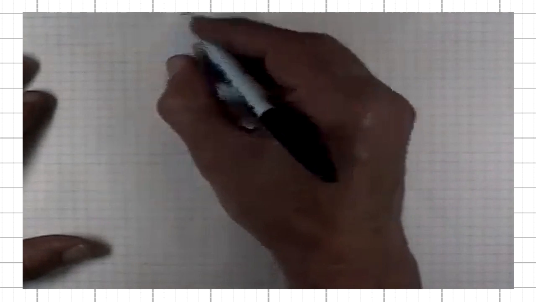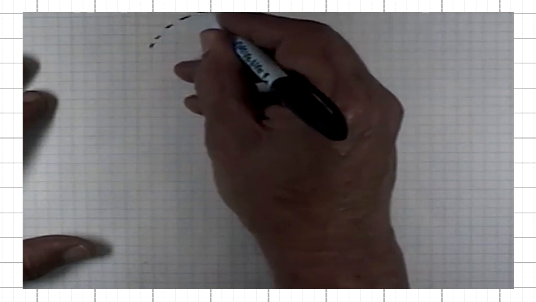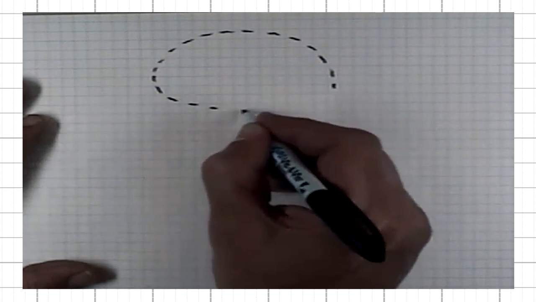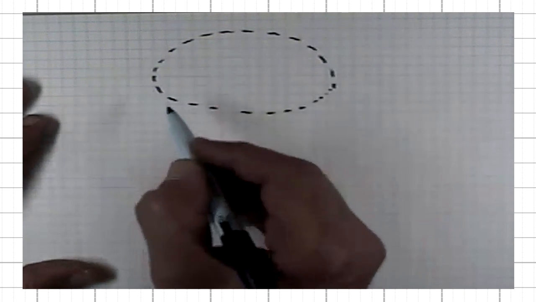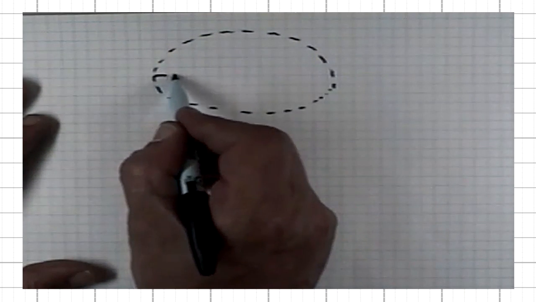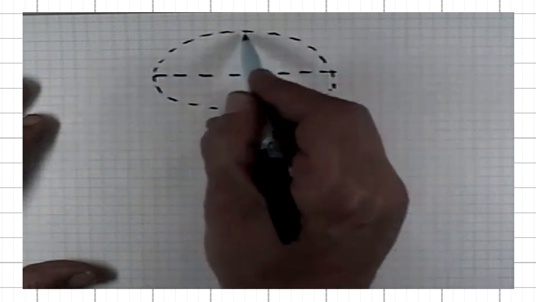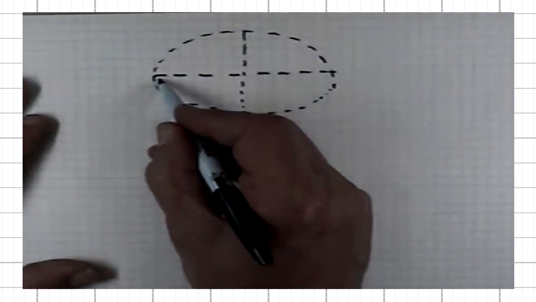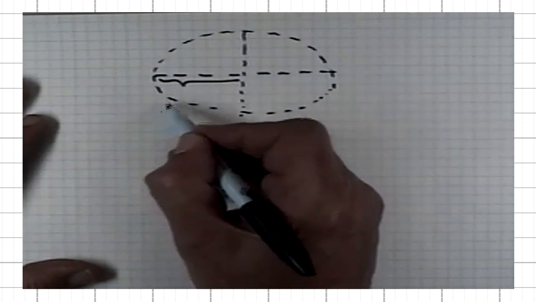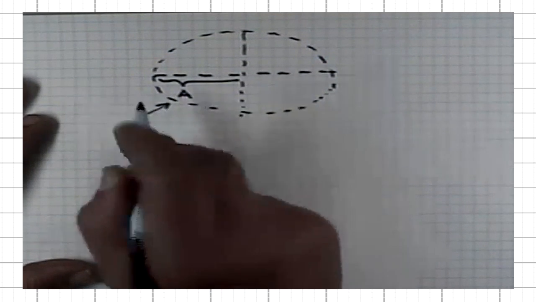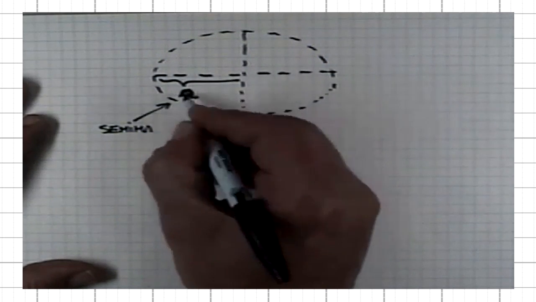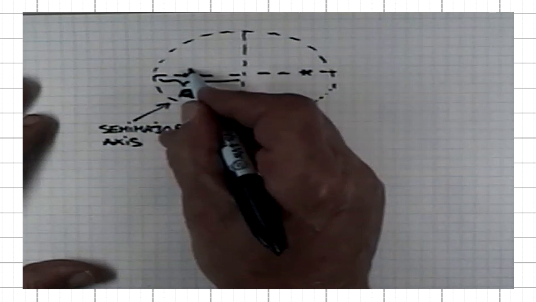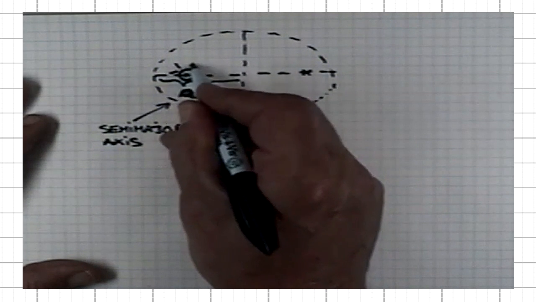Okay, so if I have an elliptical curve, then it has a longer symmetry axis and a shorter symmetry axis. Half of the longer symmetry axis is called the semi-major axis. And here are the two foci. In the case of a planet, the sun is sitting at one of the two foci.